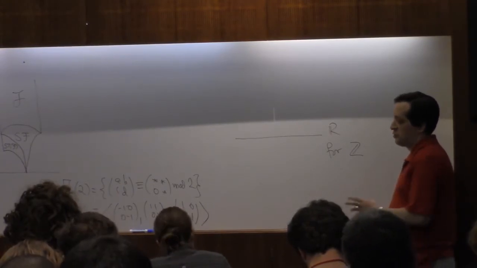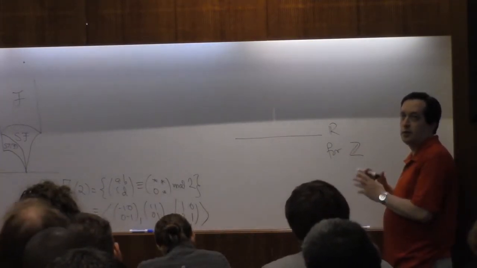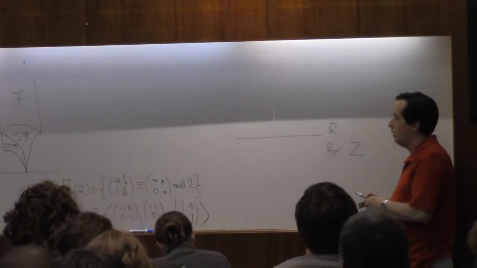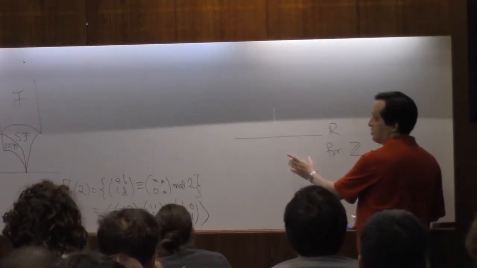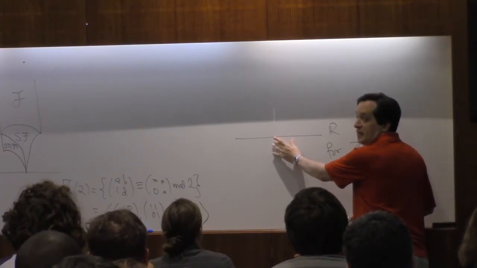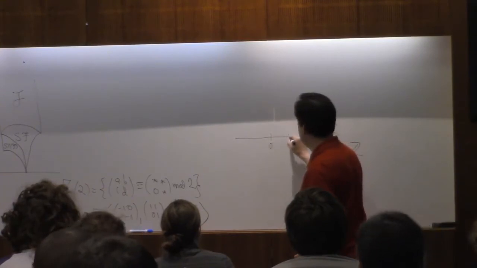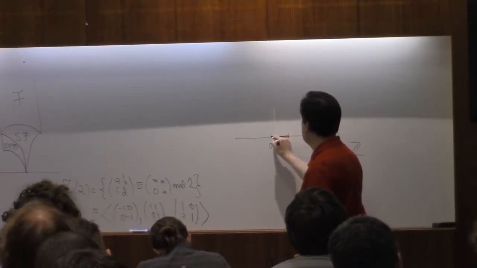The term fundamental domain means a nice set that contains representatives from all the orbits of the group. So I want to find a set of real numbers so that up to addition by an integer, everything can land in that set. The natural thing to use is the interval from 0 to 1. So the interval from 0 to 1 is a standard fundamental domain.